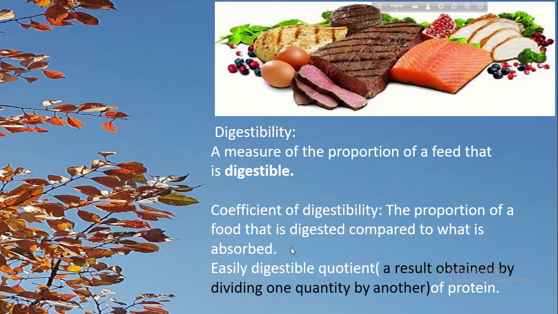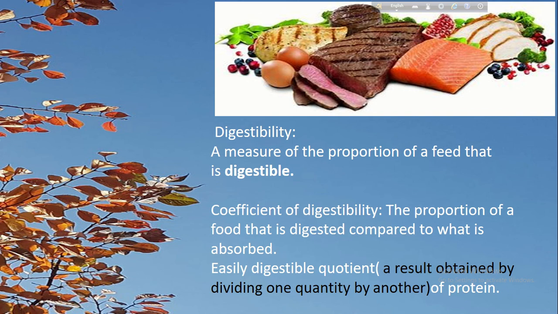That is, the proteins which are 100% absorbed in the body and enhance the growth and repair have the easily digestible quotient of 1. Here, follow, easily digestible quotient means what? That is how many times, a result obtained by dividing one quantity by another, of protein. So digestibility depends on digestibility.